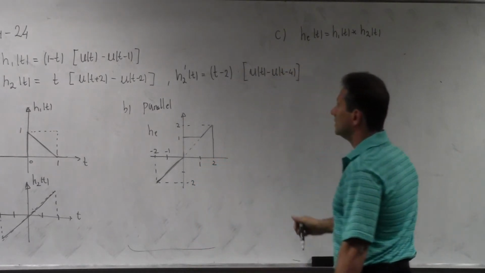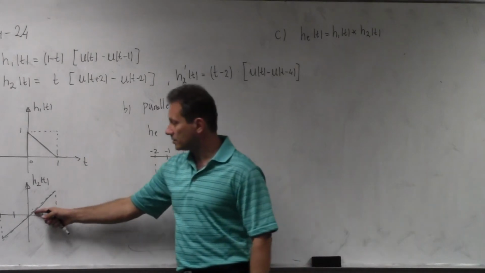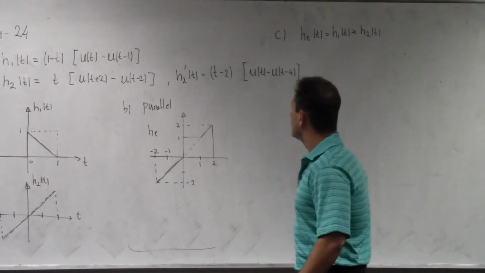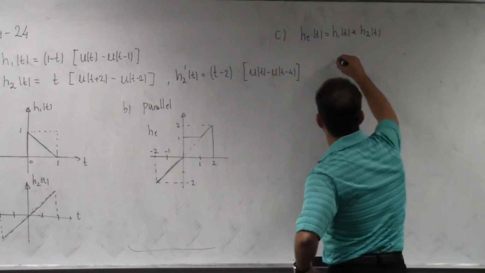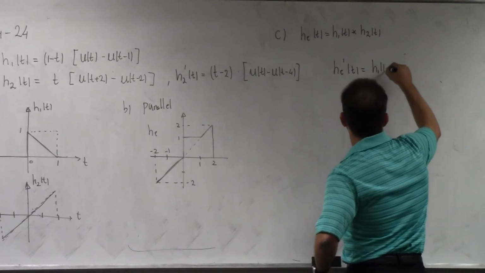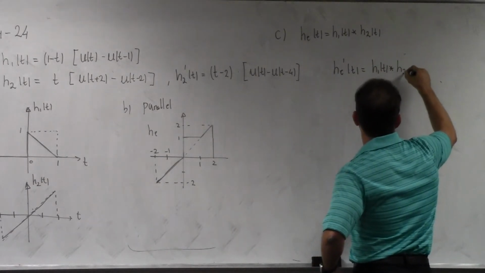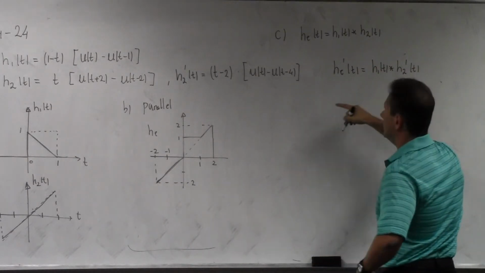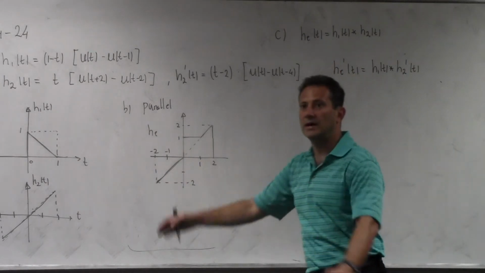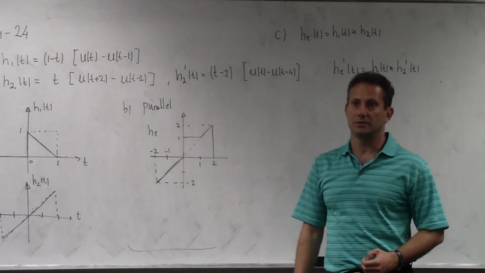What is this? This is the same guy as this one, but it starts from 0. Right? So I'm going to look at H1 prime of t and H2 prime of t. And then I can determine the equivalent impulse response by advancing everything by 2 units.